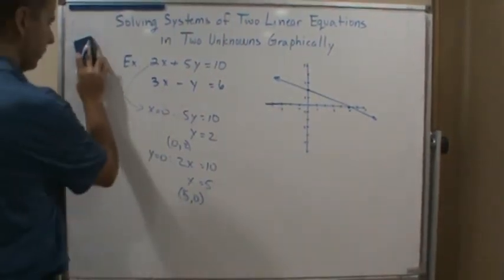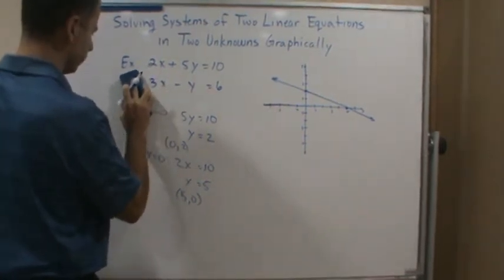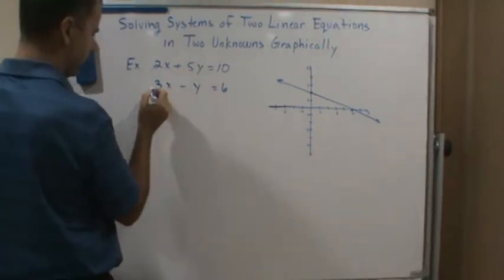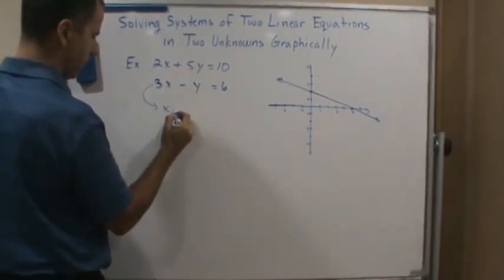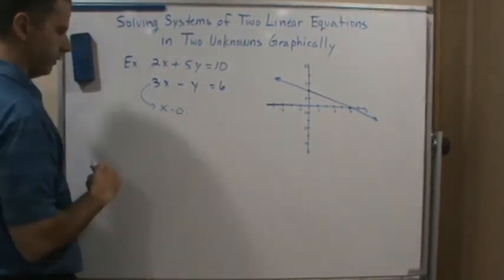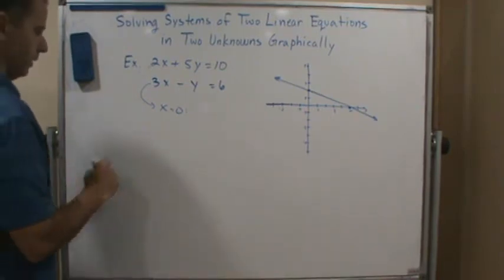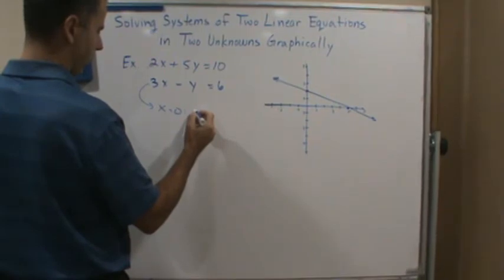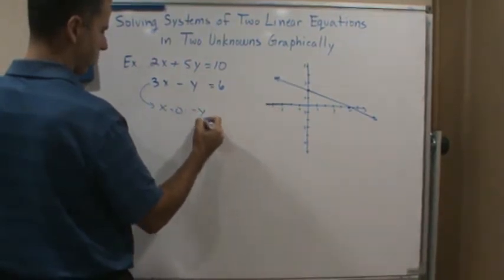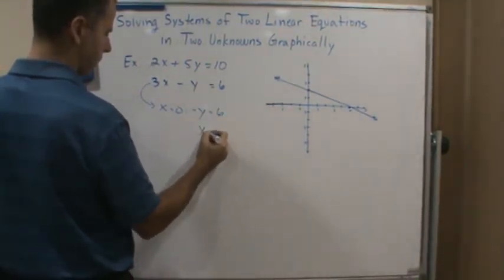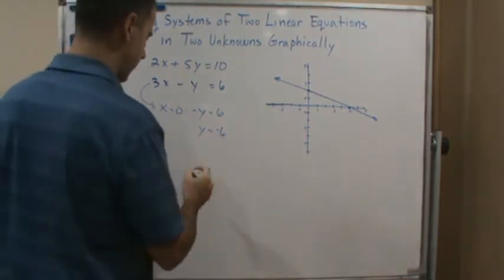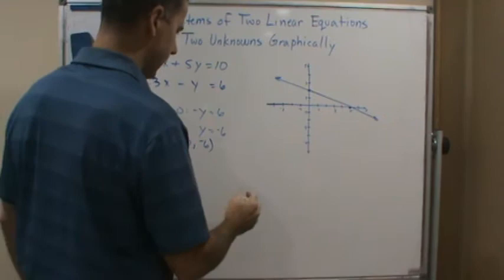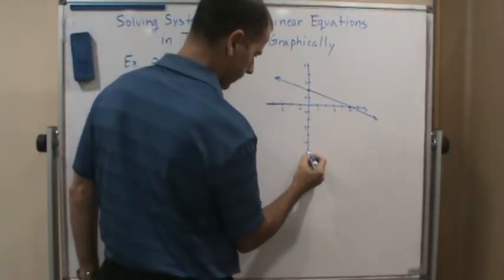Now we do the same thing for the second one. We start with x equals 0 to find the y-intercept. Then that gives us negative y equals 6, or y equals negative 6, and so we get (0, -6), which is down here.